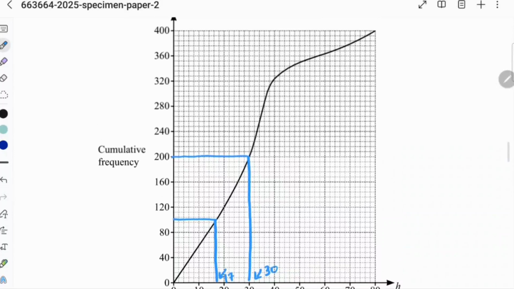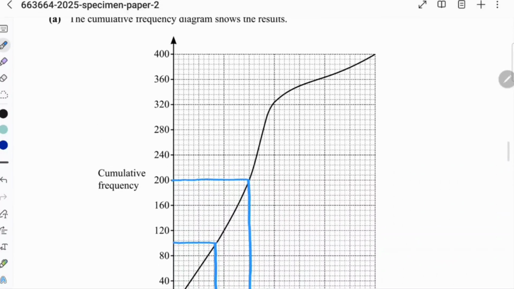Now the upper quartile, 200 to 400. So we'll have to look at 300, between 280 and 320. Come down and check. You can use a ruler.